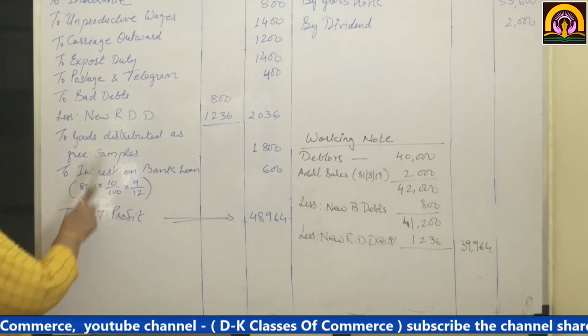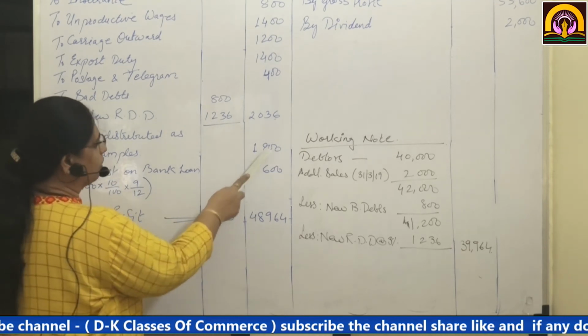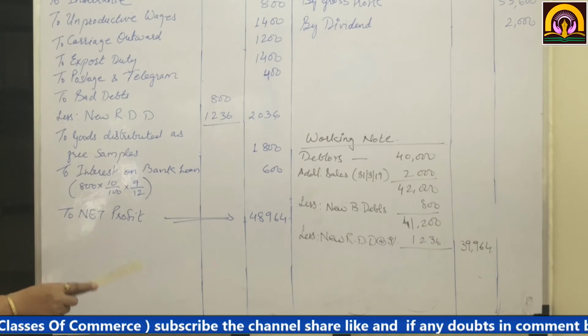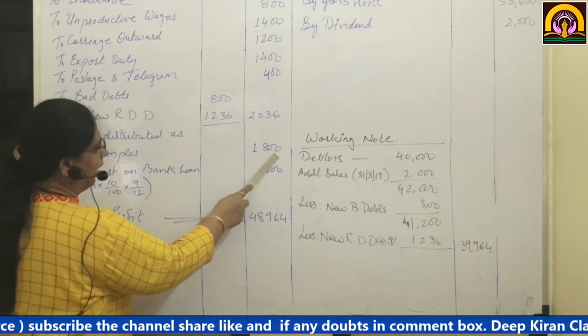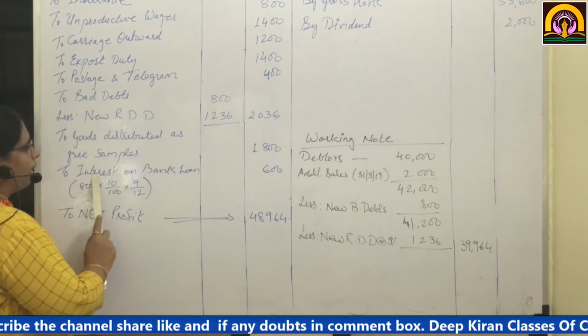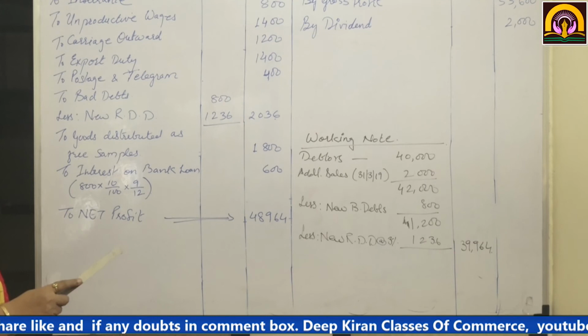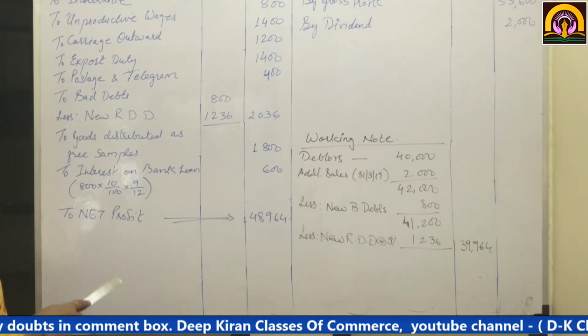Now we are going to write it on the debit side. It is a net loss for the goods that are distributed. We are not going to receive anything for the goods distributed as free samples. So 1,800. Then to interest on bank loan. In your trial balance credit side a 10% loan is given.